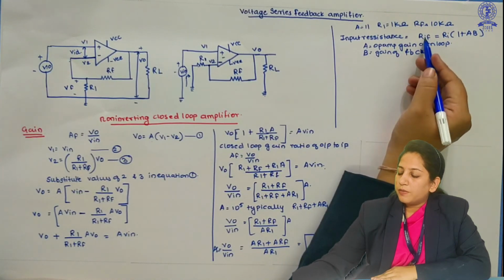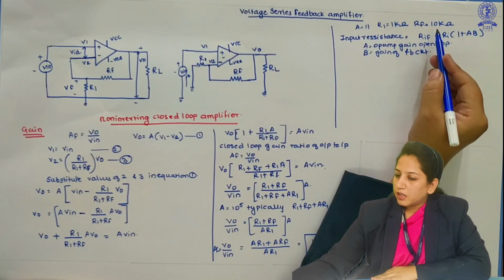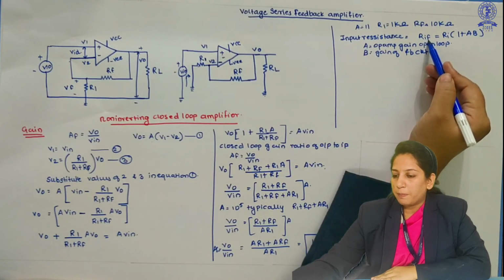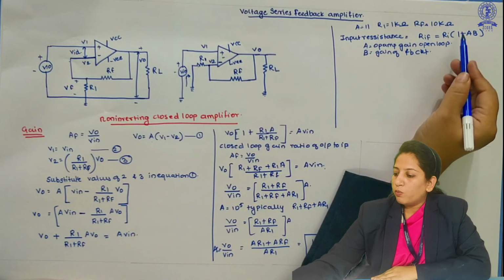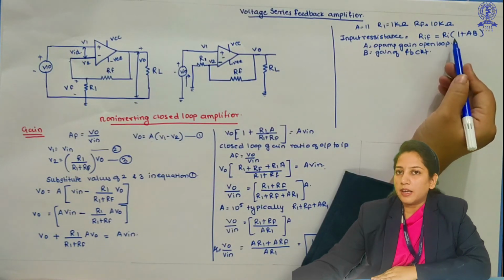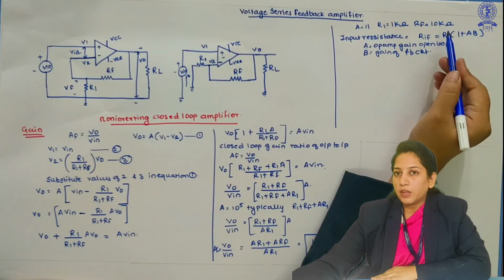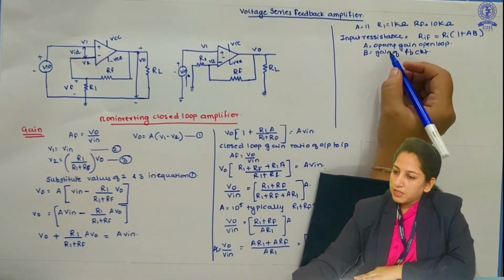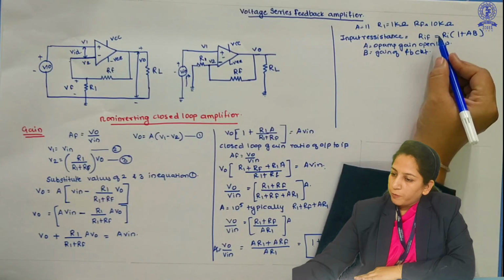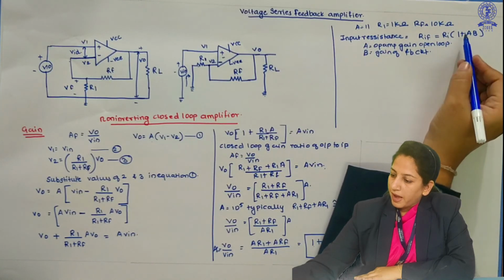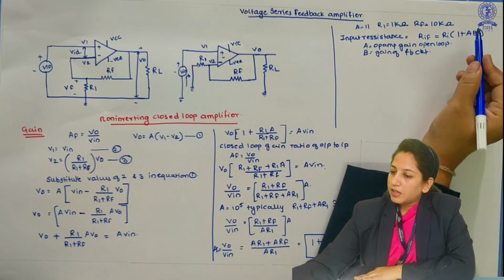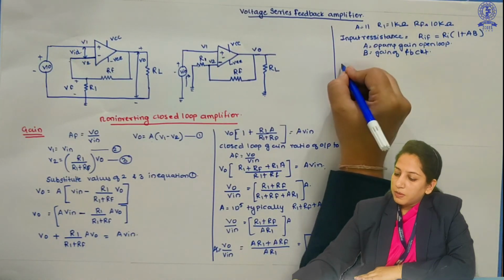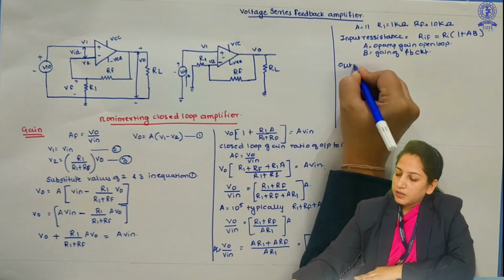This means that the input resistance of an operational amplifier with feedback, RIF, is 1 plus AB times Ri, the input resistance of the operational amplifier. That is, the input resistance of an op amp with feedback is 1 plus AB times that without feedback. Okay, and similarly I will derive the output resistance.